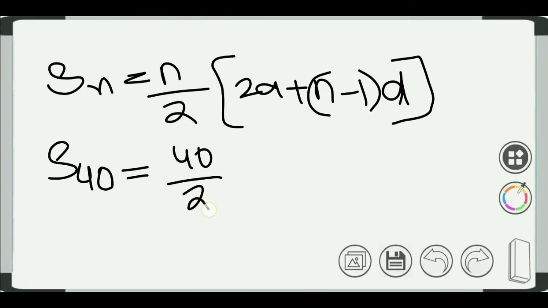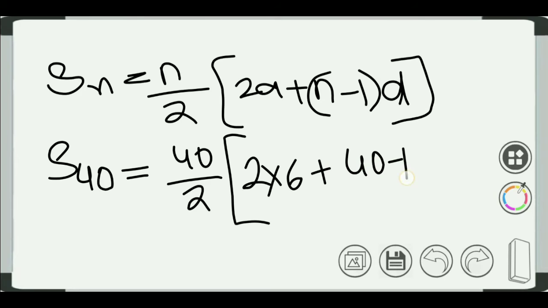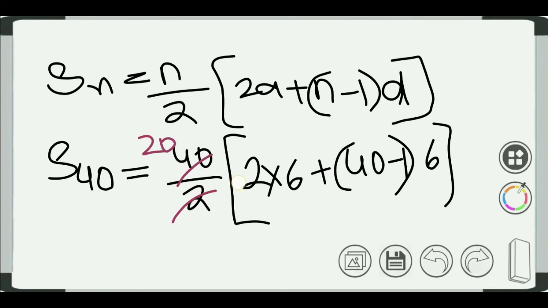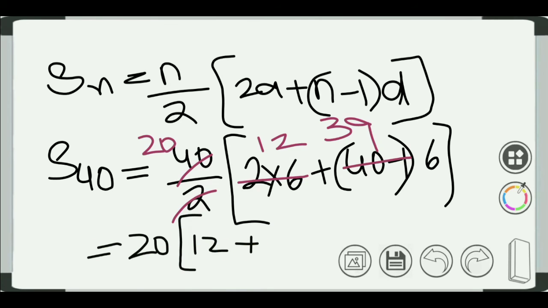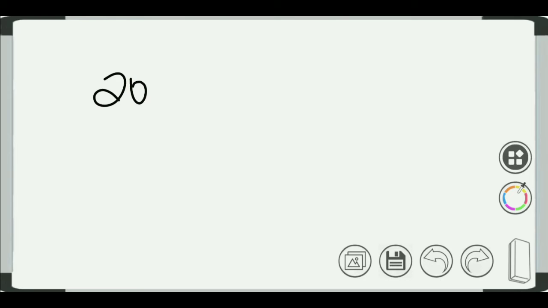So 40 divided by 2 into 2 times a, which is 6, plus 40 minus 1 into d. D is what? Again 6. So 40 divided by 2 is 20. 6 into 2 is 12. 40 minus 1 is 39. So you can write it as 20 into 12 plus 39 into 6. 39 into 6 is 234.